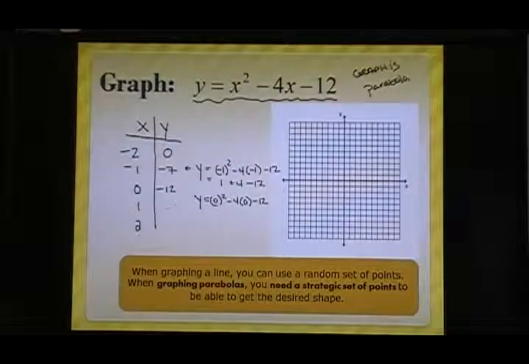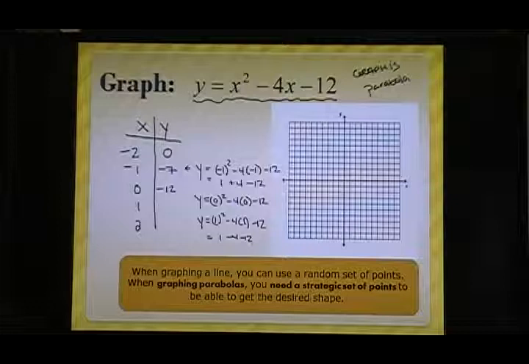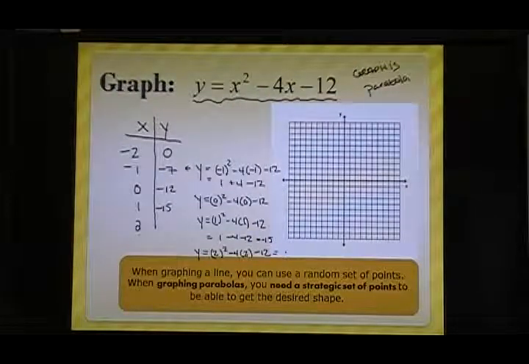If we substitute 1, we have y equals 1 squared minus 4 times 1 minus 12. That's 1 minus 4 minus 12, or -15. And then finally, if we substitute 2, we have y equals 2 squared minus 4 times 2 minus 12. So that's 4 minus 8 minus 12, or -16.